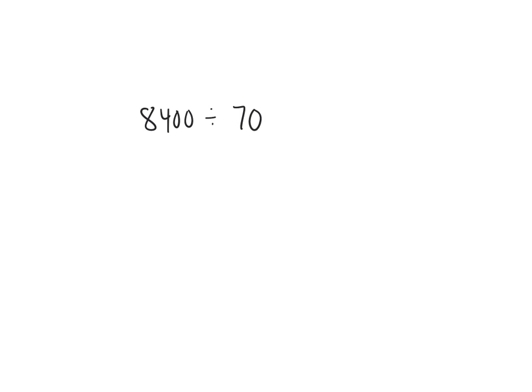So the first thing I need to do is pretend that the zeros aren't there. So now I'm just doing 84 divided by 7, or 7 divided by 84, depending on how I write it. And that's just a fact, so that's 12. So I have 12 down here.